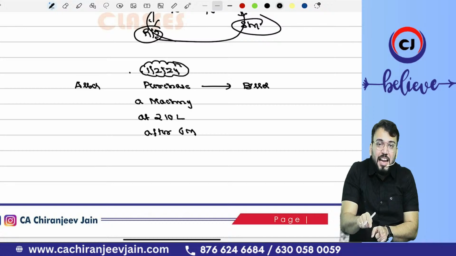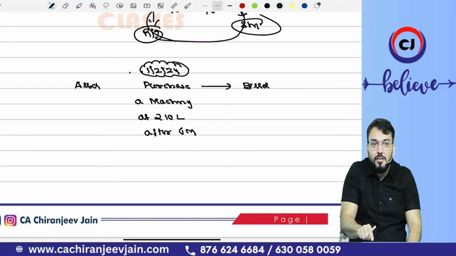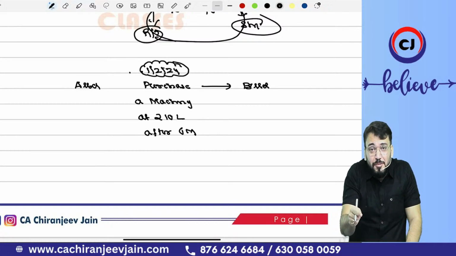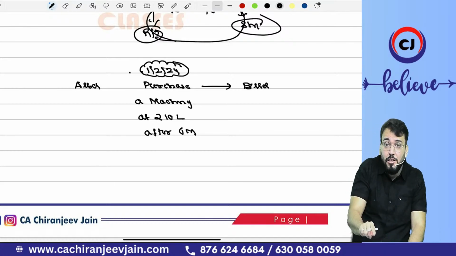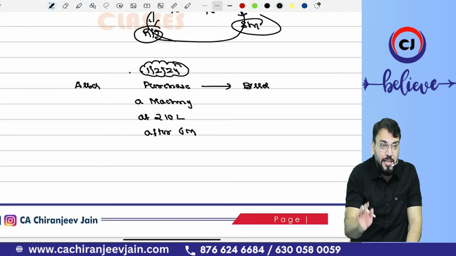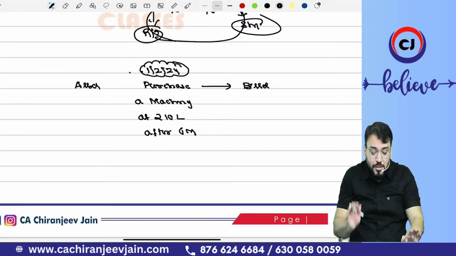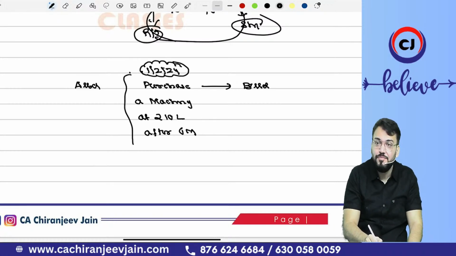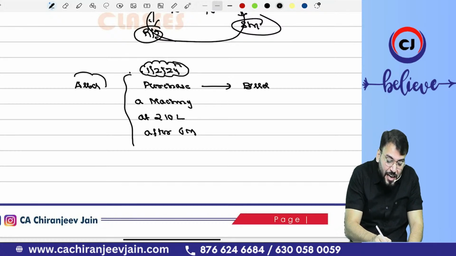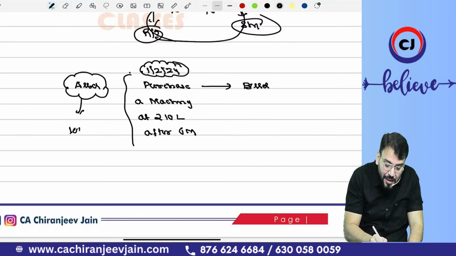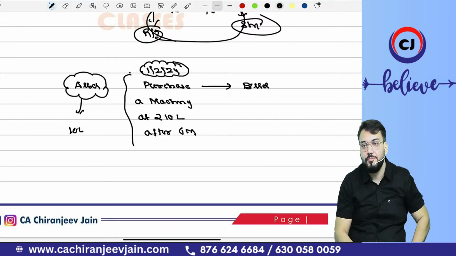Can you see it becomes an executory contract, because neither the machinery has been delivered nor the payment has been made? It becomes an executory contract or not? Now, the contract is there. My question is whether A Limited should create a liability of 10 lakh on 1st Feb or on 31st March 2024.